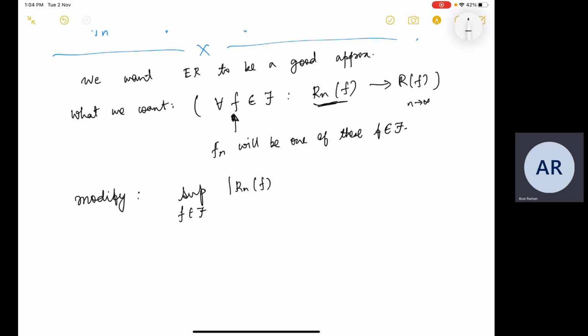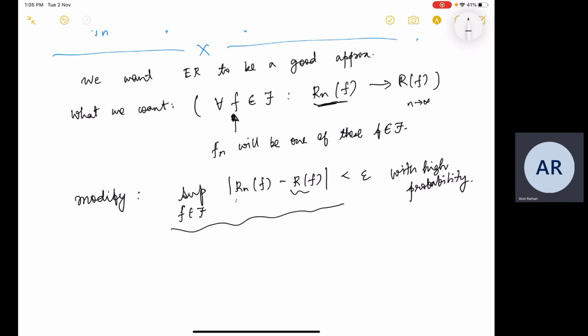So what we want is the following, with high probability: if we have a data sample of size n, then for the worst case function in our function class, the difference between the true risk and the empirical risk is less than epsilon with high probability.